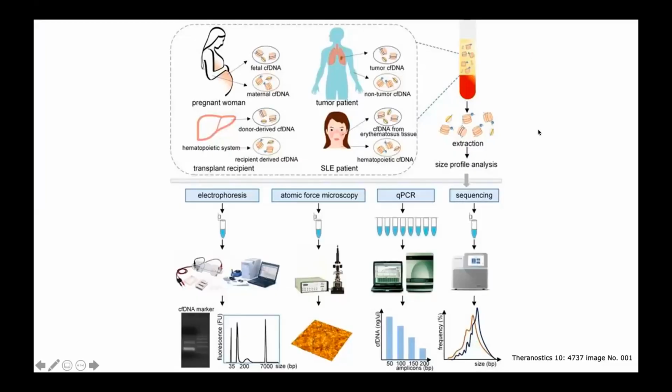So are there other applications for cell-free DNA? Well, there are a few. The most common cell-free DNA application right now is its use in pregnancy. The mother has her own cell-free DNA, and the baby has cell-free DNA that spills over into the maternal circulation.